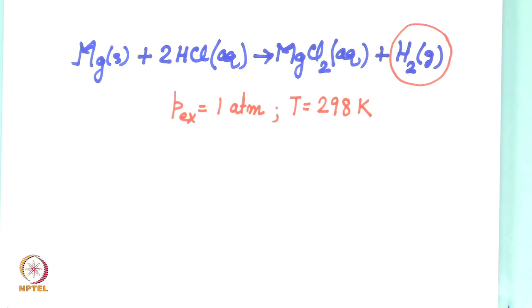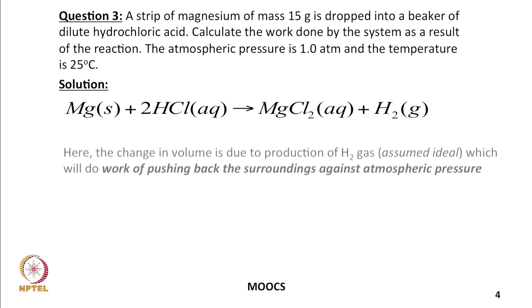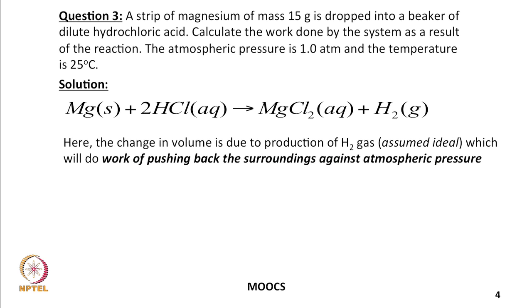So, let us take a look at the slide. According to this reaction, the change in volume is due to production of hydrogen gas, which we are assuming ideal as I just described, and it is this gas which will do the work of pushing back the surroundings against atmospheric pressure.